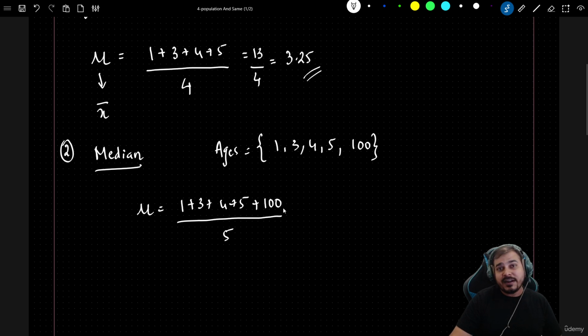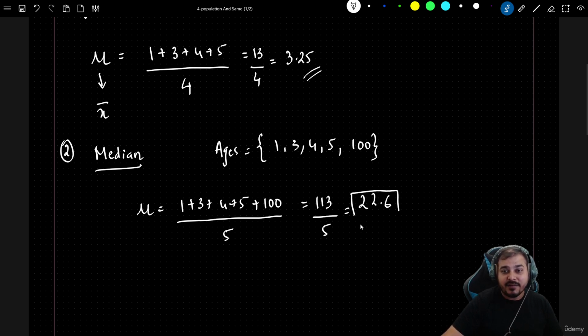The total value, if I calculate it, is nothing but 113, divided by 5, which is 22.6. That is my average value now. Now you see this. If this outlier is added to the distribution and I apply the same formula of mean, you will see that initially, when I did not have this outlier, my mean was 3.25.